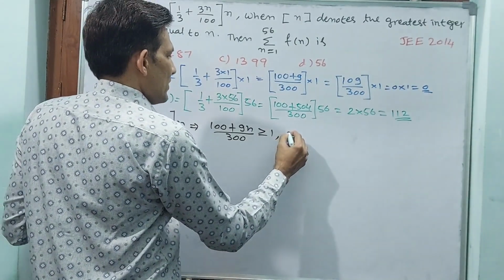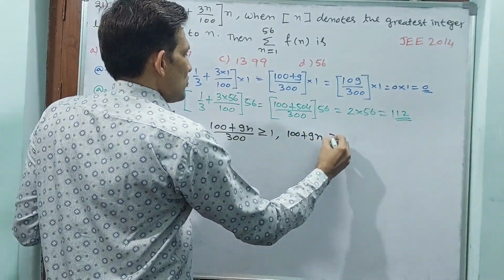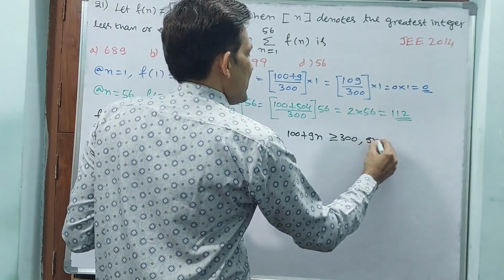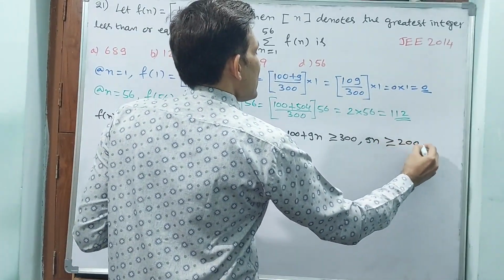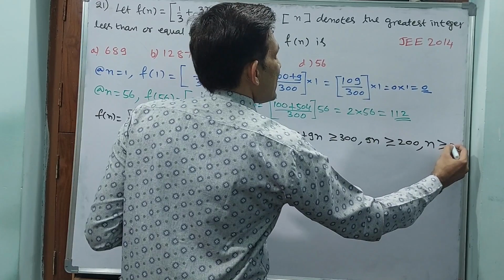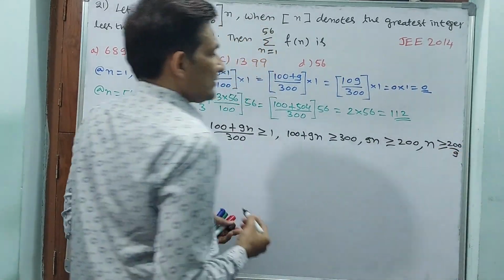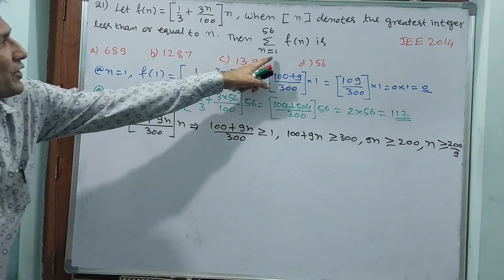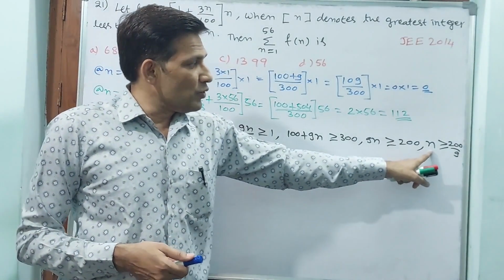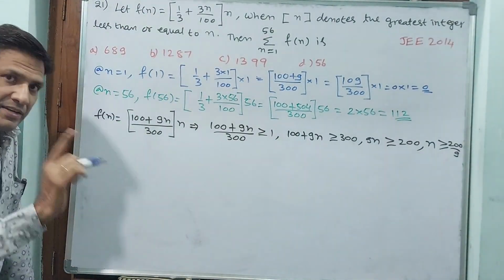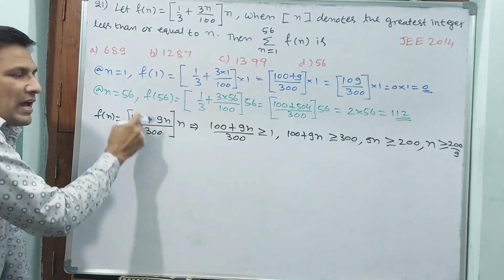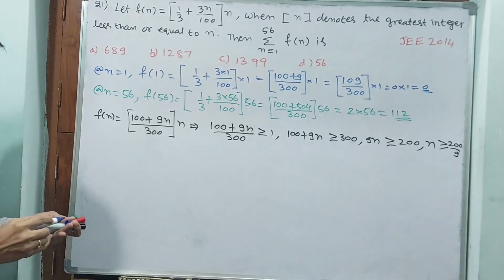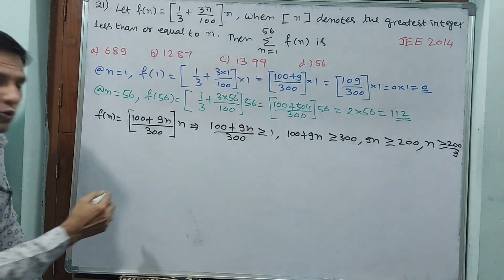Now 100 plus 9n should be greater than or equal to 300, 9n should be greater than or equal to 200, so n should be greater than or equal to 200 by 9. Understand? That means what value you have to give here, n from 1 to 56: at least 200 by 9 or greater, then it is going to become valid. 1 will come, then 1 into something you are going to get. You see what I am doing? 200 by 9 I am doing.